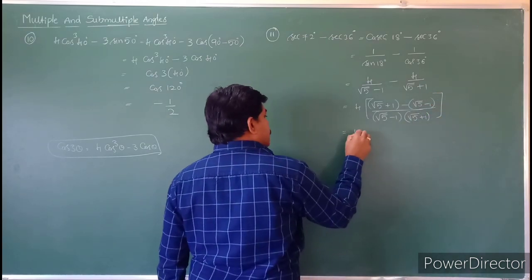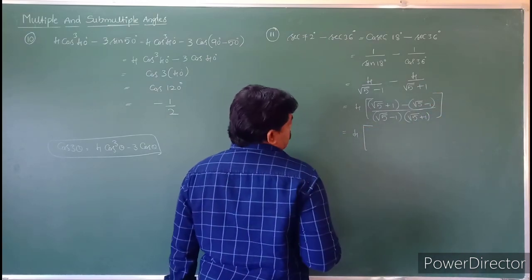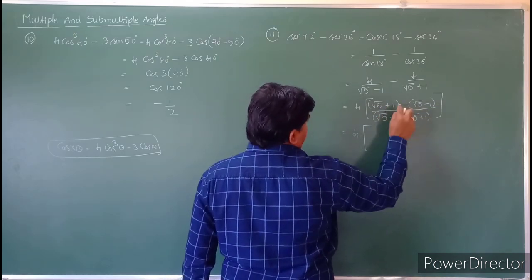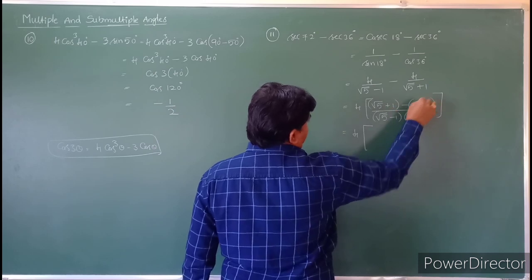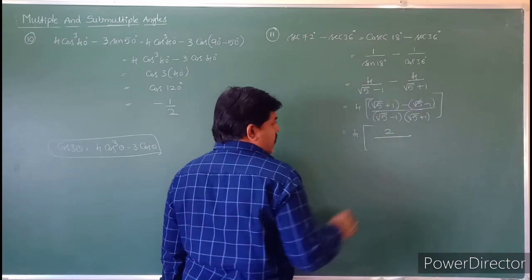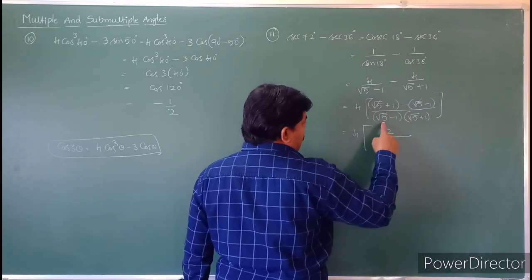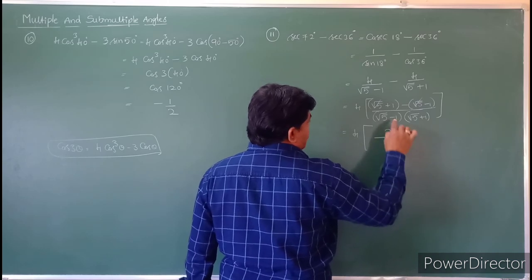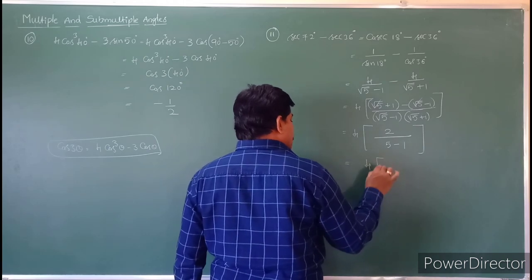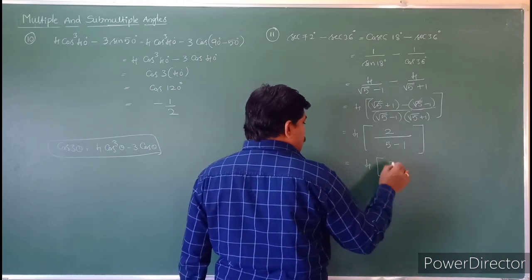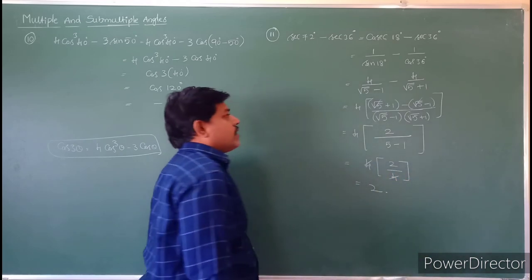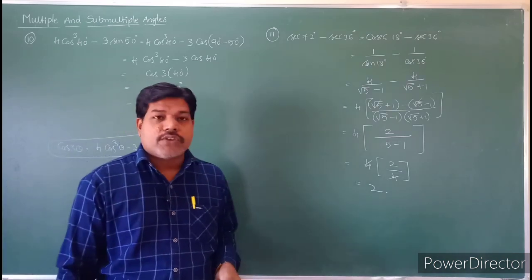So what happens, students? 4 into, root 5 plus 1 minus of minus, root 5 minus root 5 will be cancelled, so 1 plus 1 is 2, by a square minus b square. A square is 5 and b square is 1. So 4 into 2 by 4. The answer is 2.